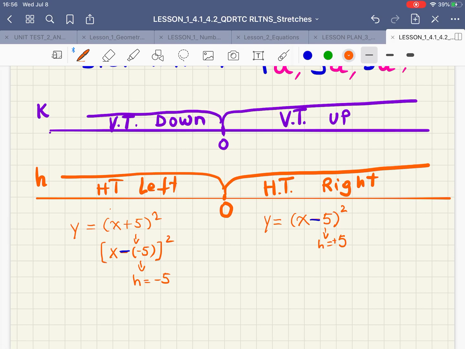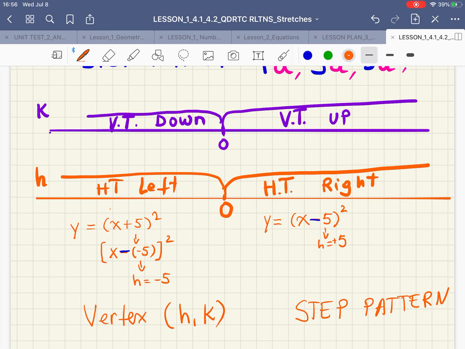So that's all we need to know about the coefficients. To draw the graph of any parabola, all we have to do is identify the vertex and the step pattern. The vertex is nothing but the horizontal and the vertical translation, in other words the ordered pair h, k.